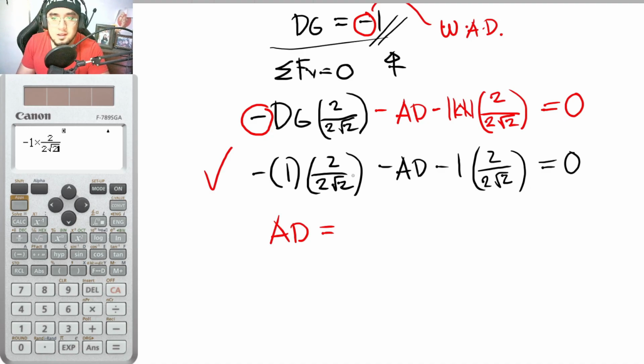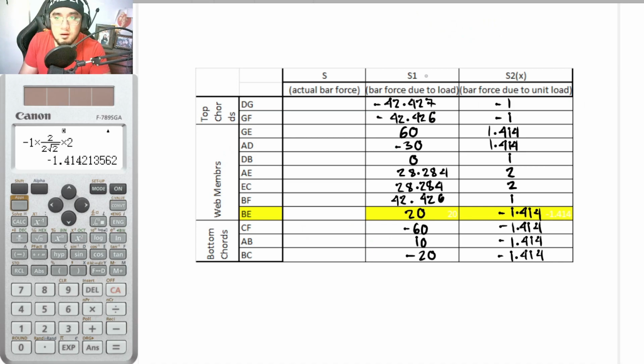Take note that this one is identical with this one. So with that, I would just be multiplying this by 2. So this is now equal to negative 1.414.